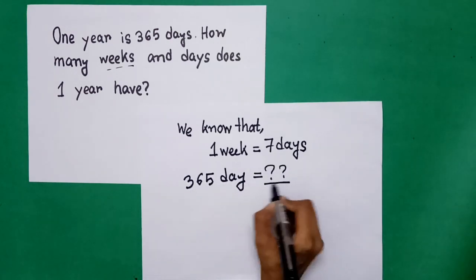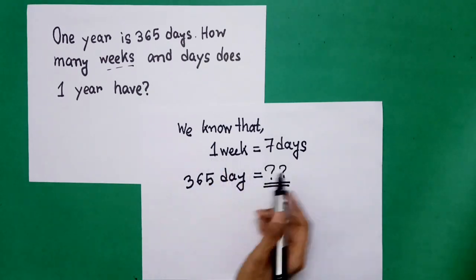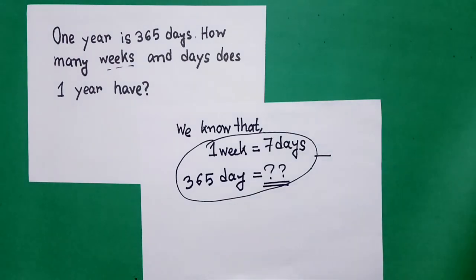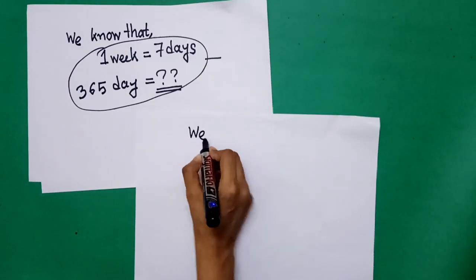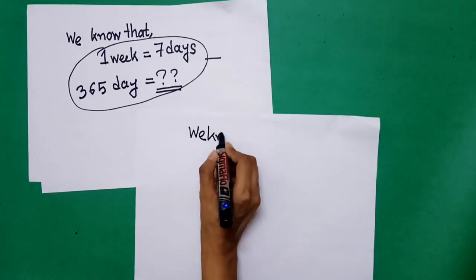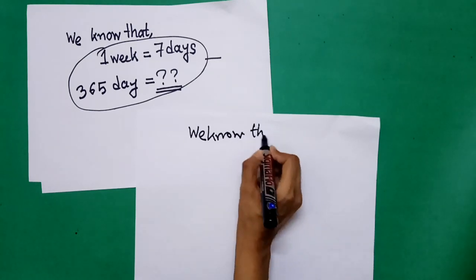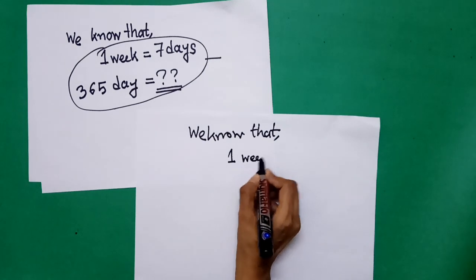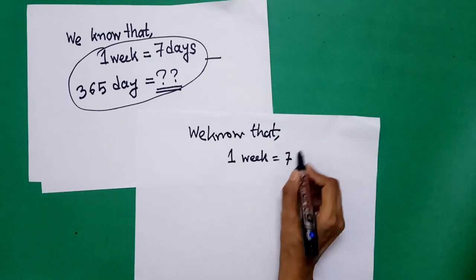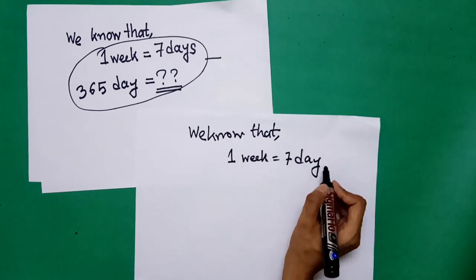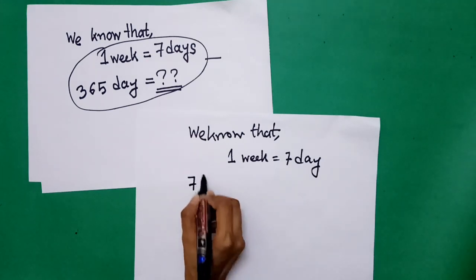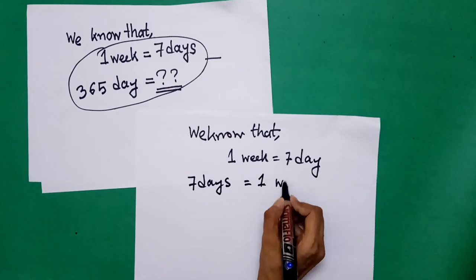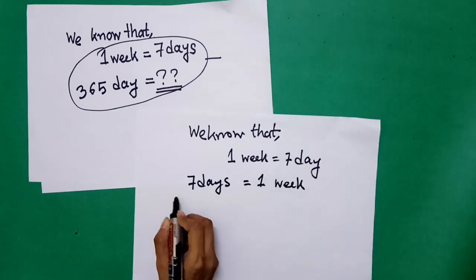We have to find that. That's why I am arranging this one. We know that 1 week equals 7 days. We can write 7 days equal 1 week.